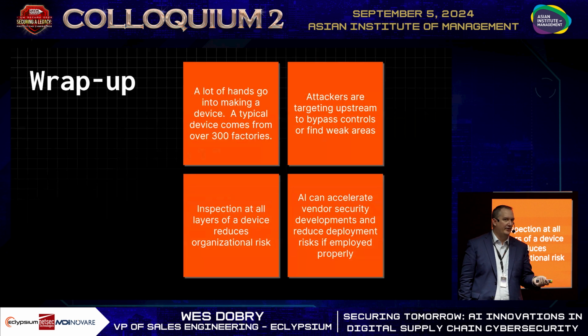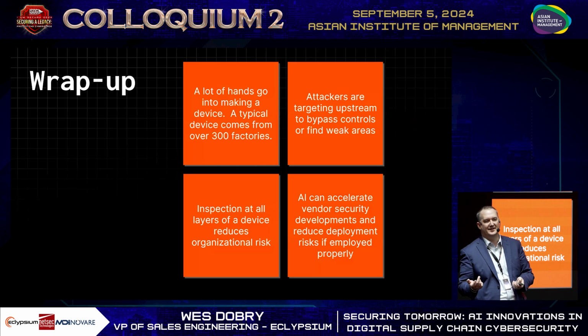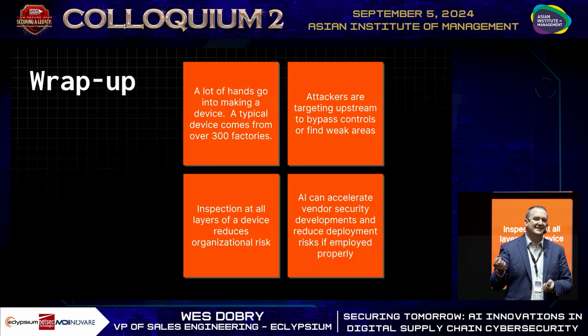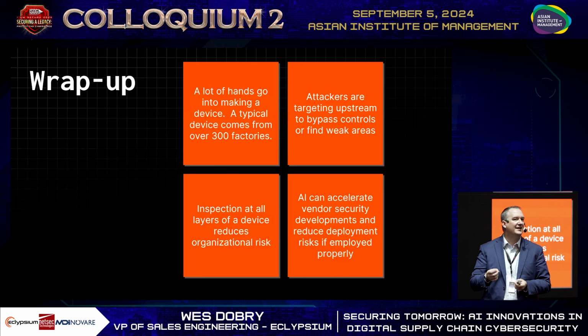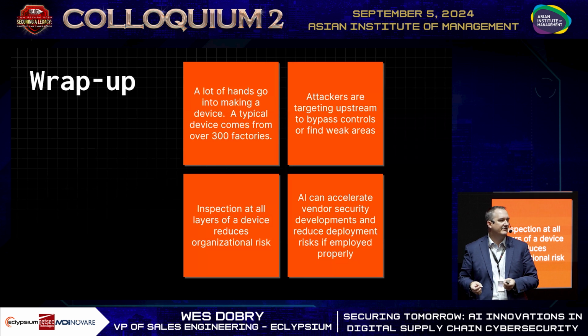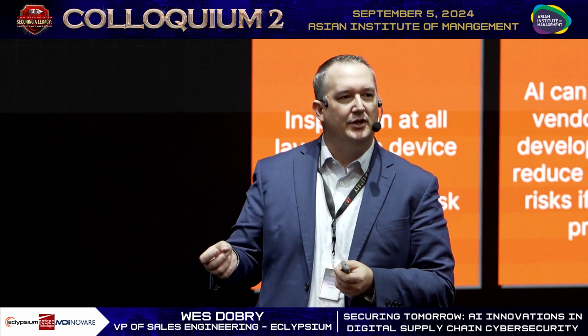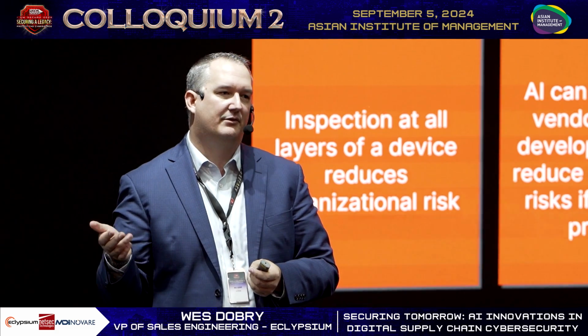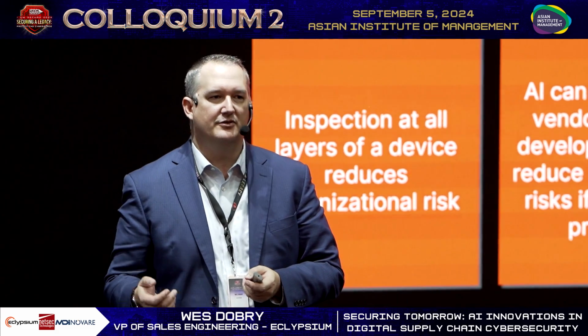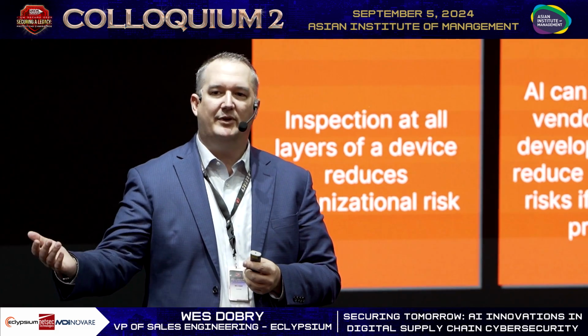So, in summary, when I think of all the devices that come into an organization, it takes a lot to realize just how many hands that device has touched. You know, you think it touches 300 different factories, but then you've also likely purchased that through a value-added reseller, a strategic integrator, or just a retailer.